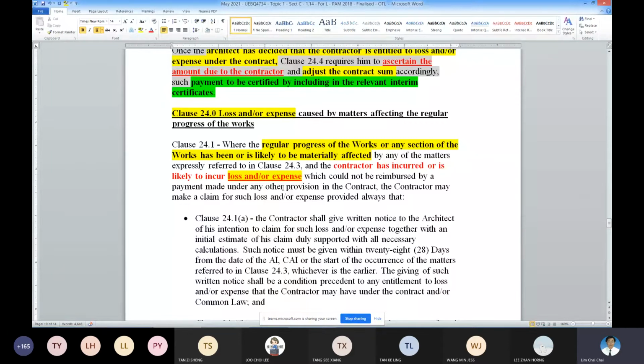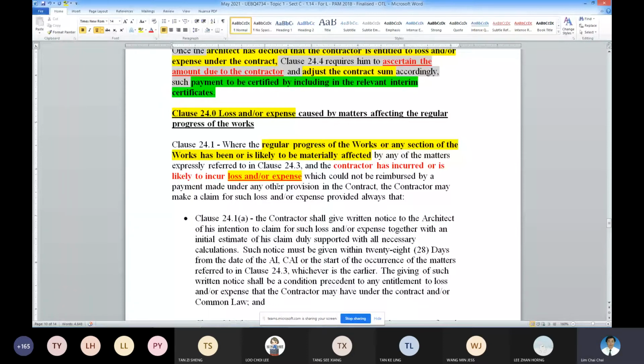Okay, so now we stop here. Assuming that the arbitrator's decision is accepted by the contractor and the employer, the contractor can make use of this 40 days to calculate your loss and expense, not the 50 days and not the 20 days. I hope you are clear.